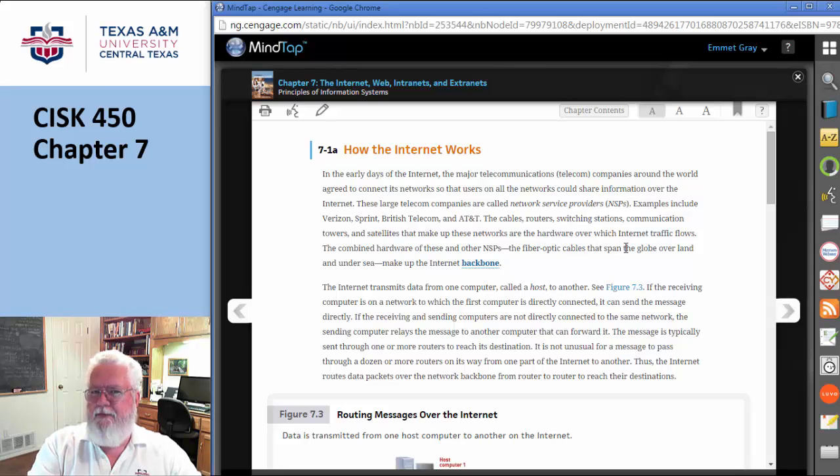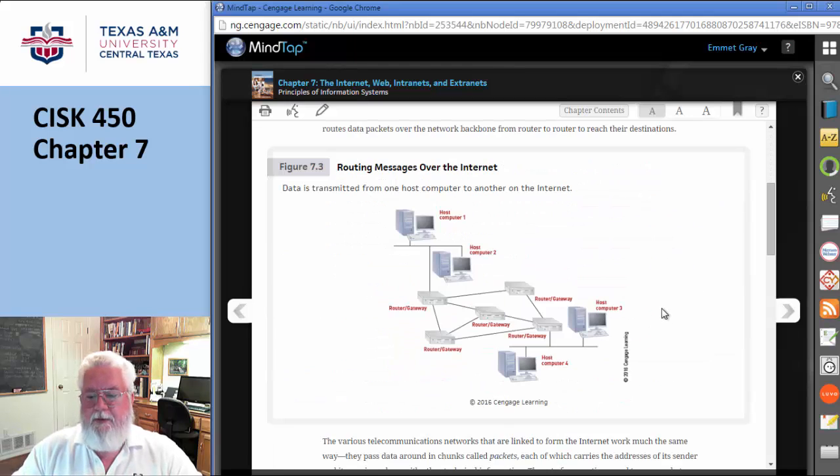They have reciprocal agreements, and they say, you're going to let some of my traffic go on your network, and I'm going to let some of your traffic come on my network, and we'll just look the other way. So it's kind of an interesting business if you're in the backhaul business. Kind of weird.